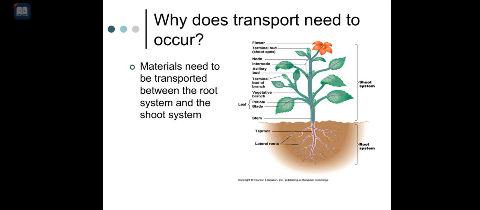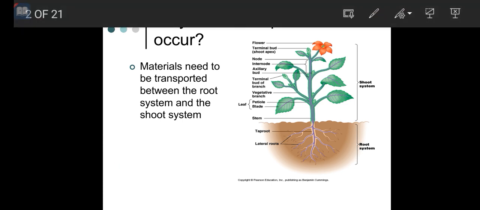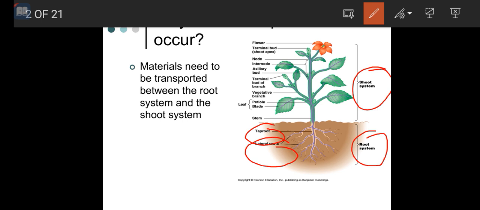We have seen a diagram of the plant here, a root system and a shoot system. In that, the flower. This is the root system, this is the shoot system. Here the lateral roots, tap root, stem, and the other important parts.